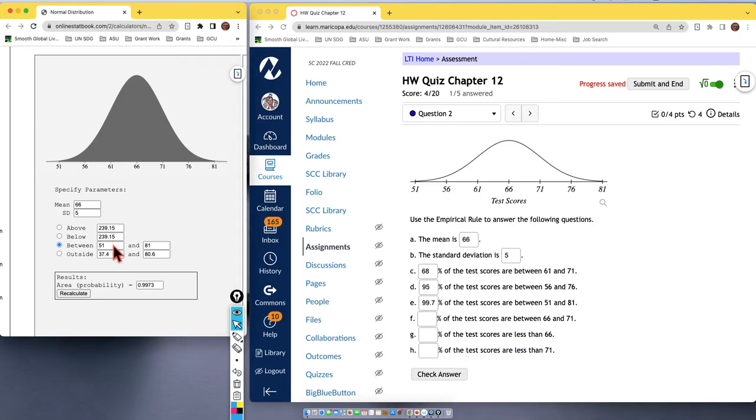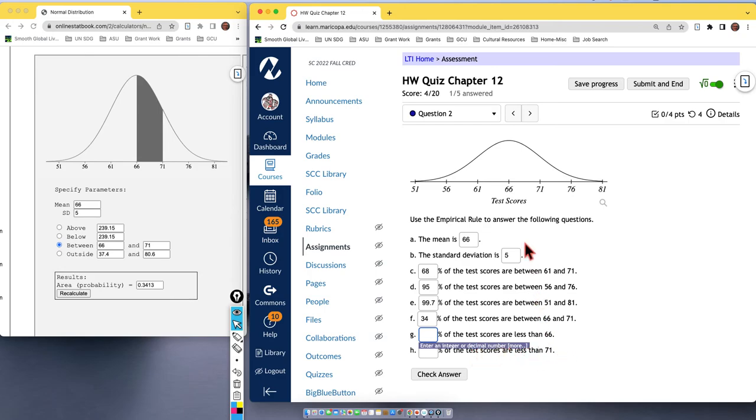The good thing with doing this is it will show us the picture. Notice that's 34%. And again, we want to use the empirical rule. That's 1 above, so that would be half of 68. So just be cognizant. We'll put in 34. We won't use the decimals because we'll round it.